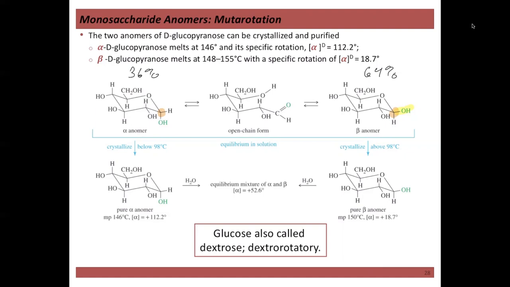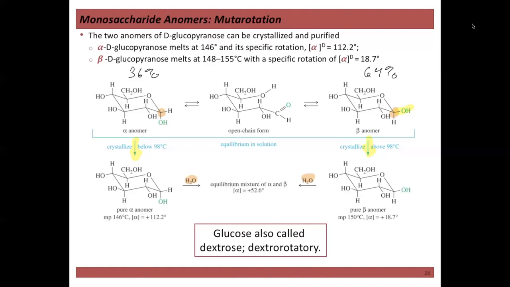If we wanted to isolate the alpha anomer, we would saturate the solution and cool it below 98, and we would preferentially get the pure alpha anomer. Or we would saturate it and keep the temperature above 98 degrees, and the beta anomer would preferentially crystallize out. But notice, if we mix it in water, we will actually get a mixture of alpha and beta anomers.